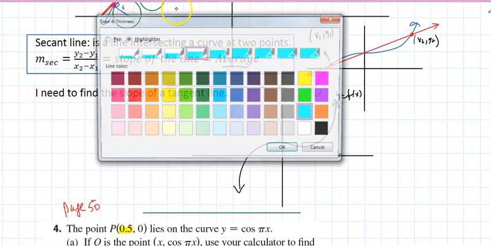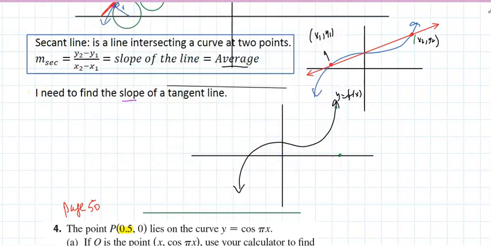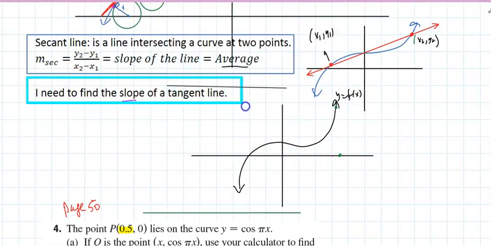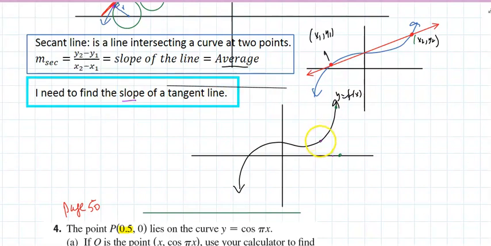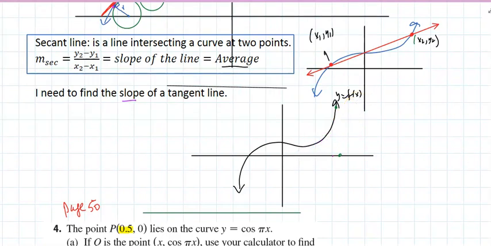The line that we want to find an equation of is tangent. So if I pick a point right there, let me go ahead and make that right here. I would like to find an equation of that line.